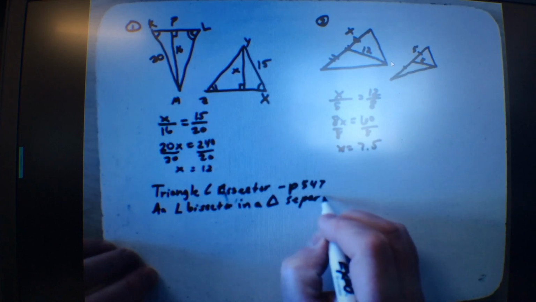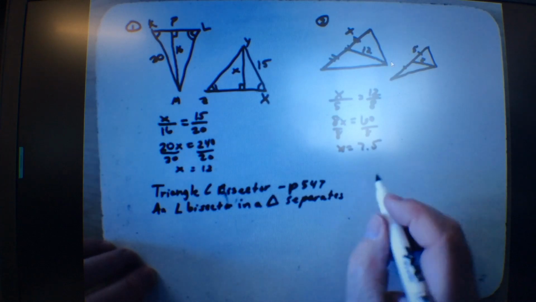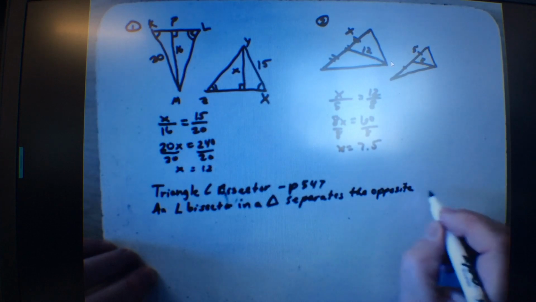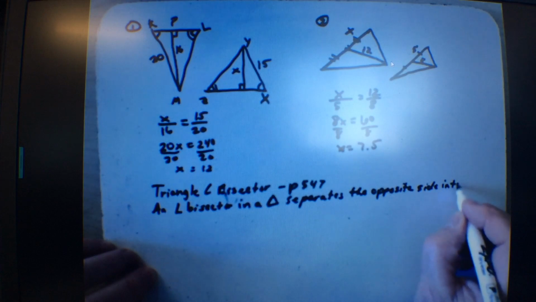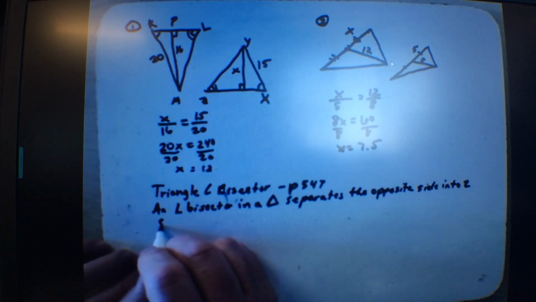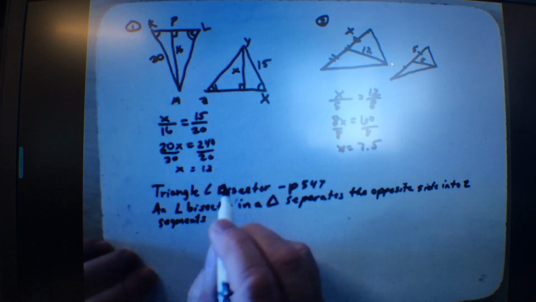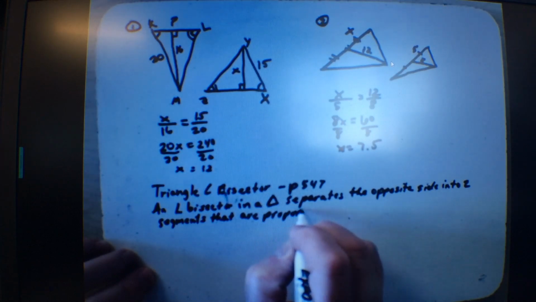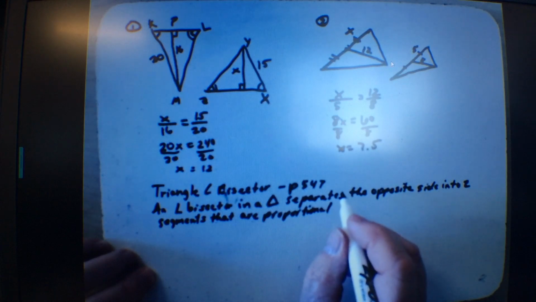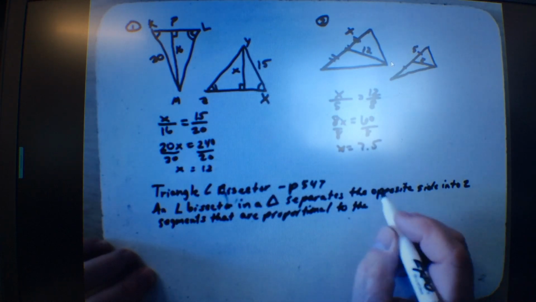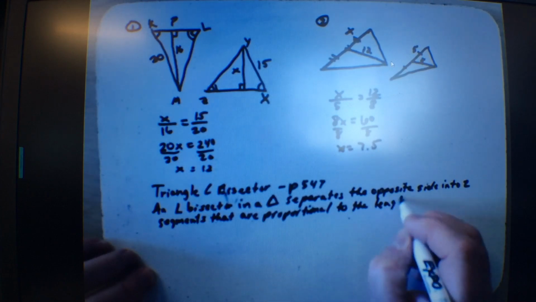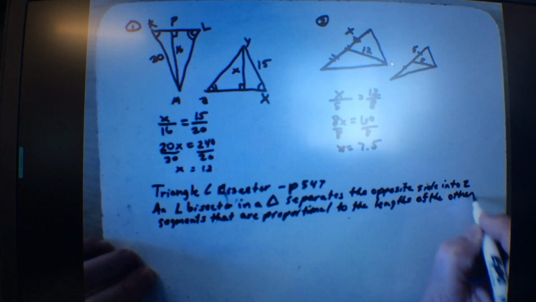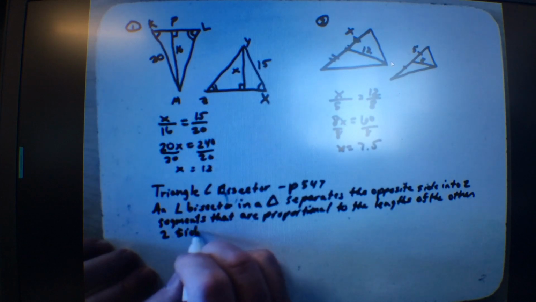It separates the opposite side into 2 segments that are proportional to the lengths, that should be plural, lengths of the other 2 sides. I'll show you what I mean here in a minute. You write that down.